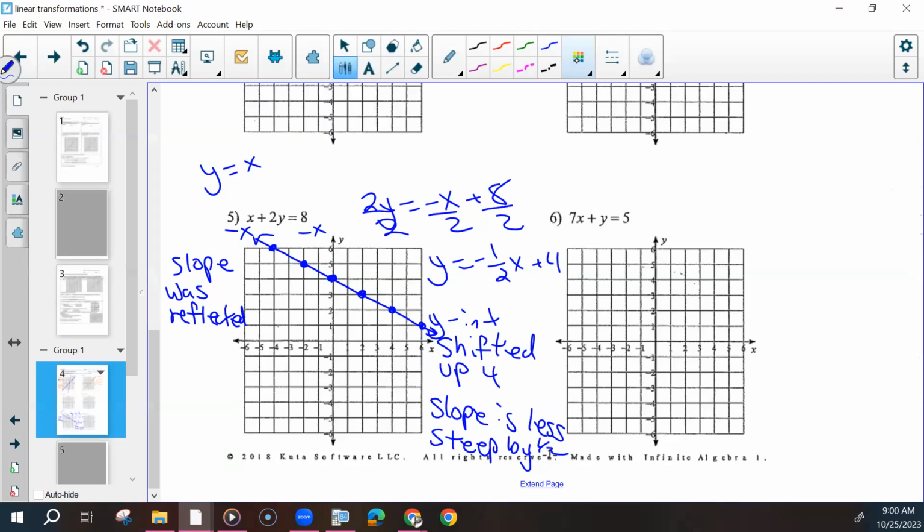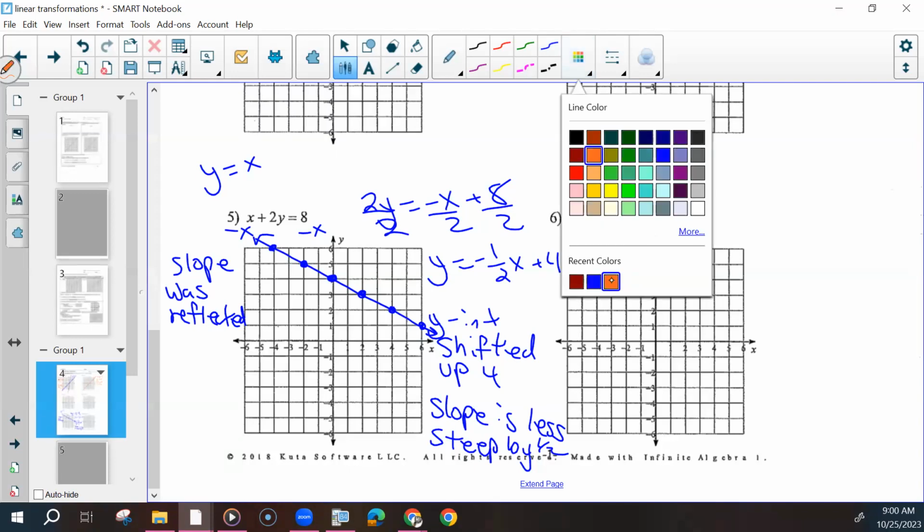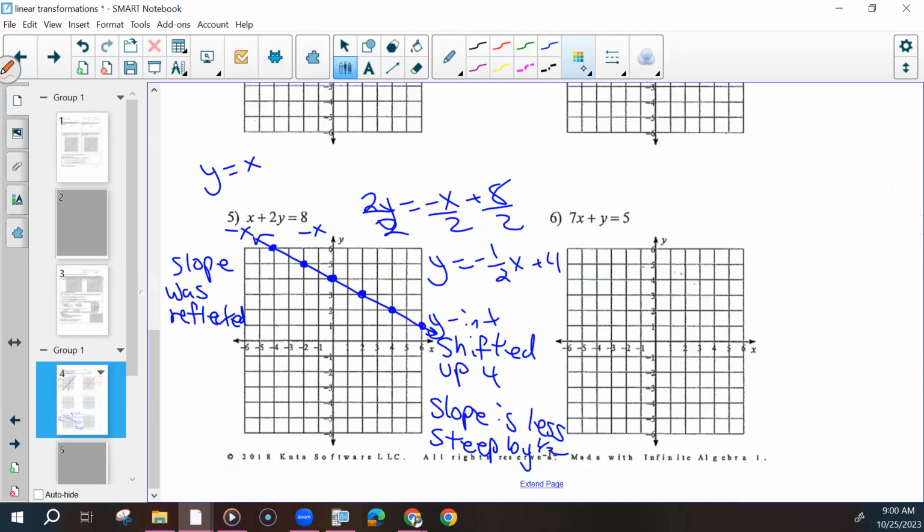We're gonna do the same thing with 6. How would we solve that one? That's 7x. Then we have y equals negative 7x plus 5. Comparing that to the original, what changed? Using our words, the y-intercept shifted up 5.